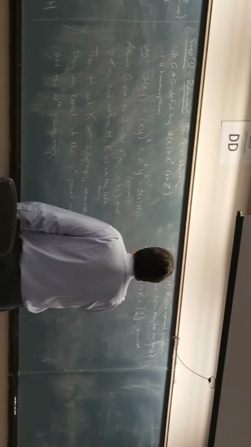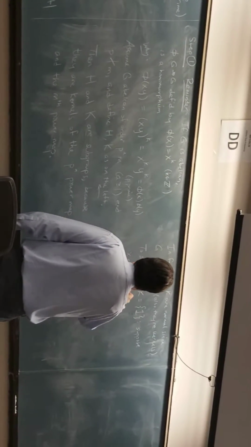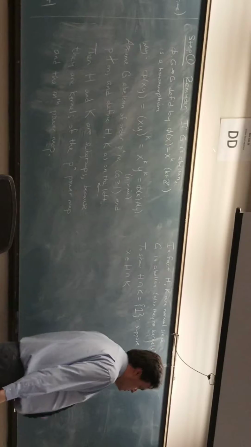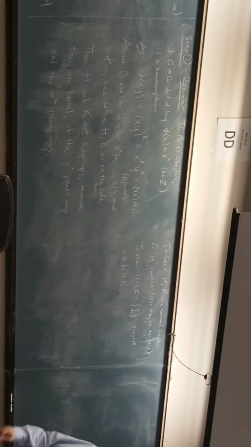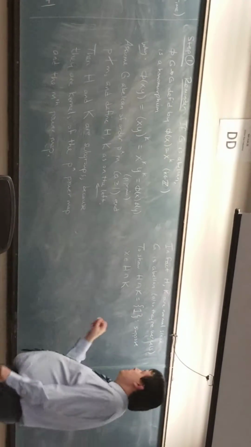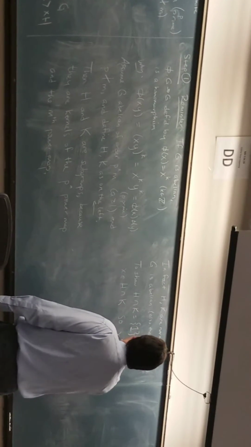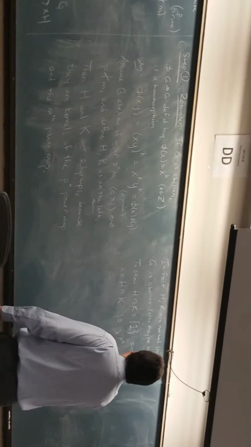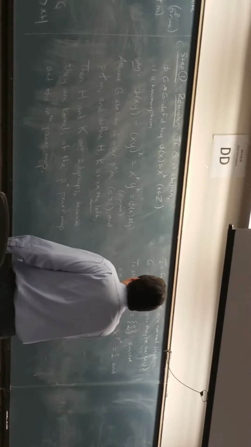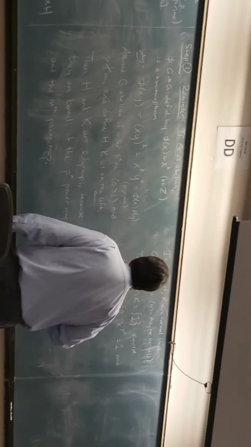But let's suppose that X belongs to H intersect K. Let's write down what that means about X, because we have definitions of H and K over there. So that means X to the P to the A is the identity, and also X to the M is the identity.